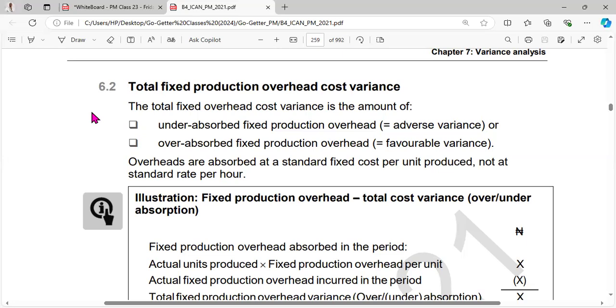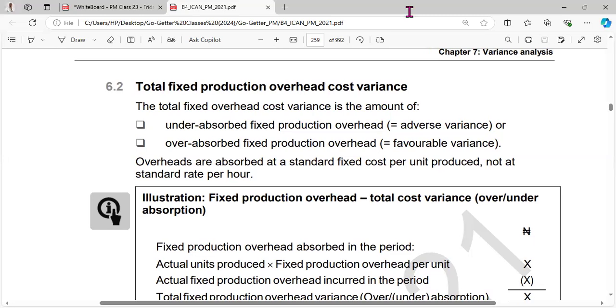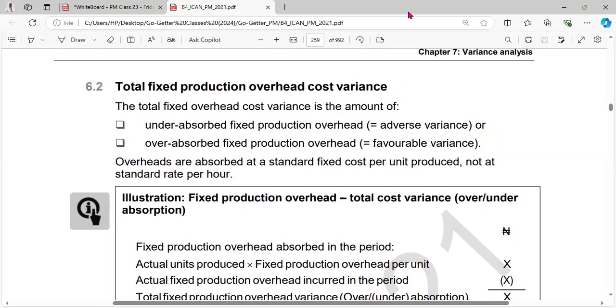So that's why it is adverse here. Under absorption is adverse. Over absorption, I was thinking it is 15,000 and I now bought it for 14,500. The 500 is a favorable variance to me because what I spent actually was less than what I was budgeting. So I over budgeted. So when you over budget in fixed production overhead, you have a favorable variance. When you under absorb, you have an adverse variance.